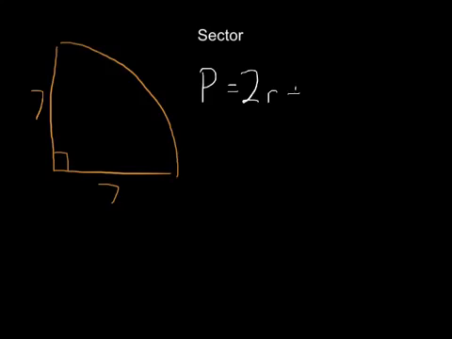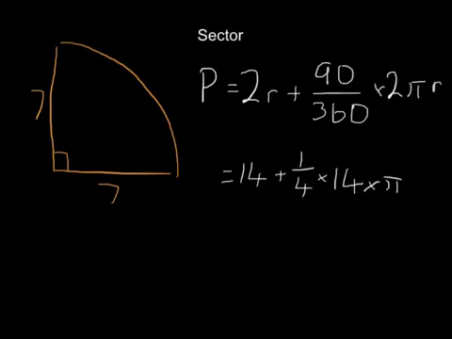I also need to add in what fraction of a circle I have. Well, to work out that, I need to know how many equal parts I can make a circle into, and generally we make a circle into 360 equal parts called degrees. In this instance I have a 90-degree wedge, so I have 90 degrees of that circle available, and I can then use the same formula I used before, which is 2 pi r.